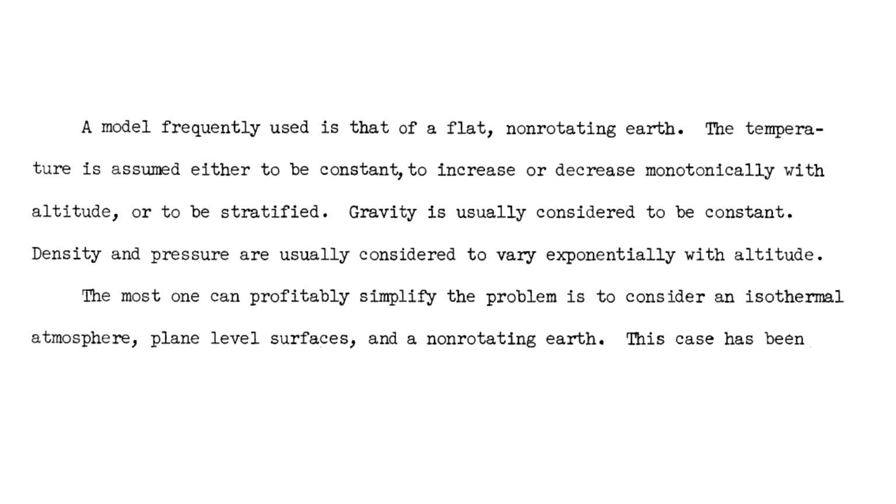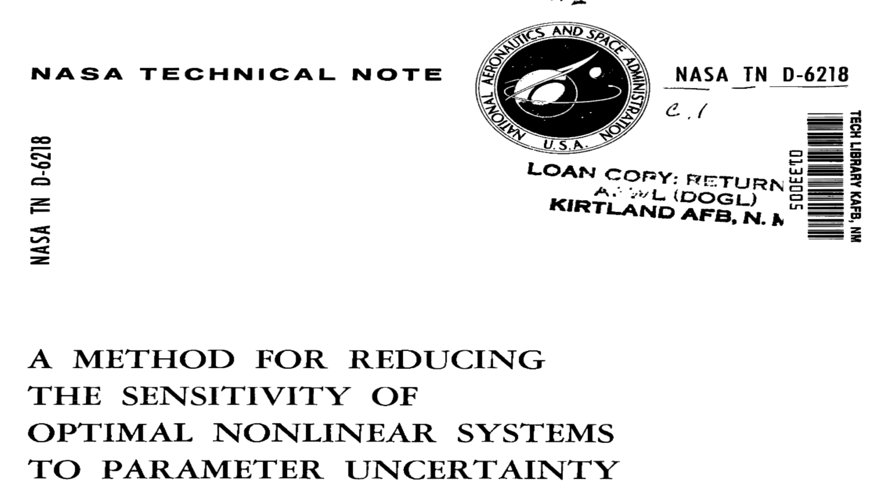4. A NASA document from 1971 titled A Method for Reducing the Sensitivity of Optimal Nonlinear Systems to Parameter Uncertainty details a number of equations and algorithms meant to find the optimal trajectory for a single-stage rocket vehicle starting from rest and going to specified terminal conditions of altitude and vertical velocity, which will maximize the final horizontal velocity.